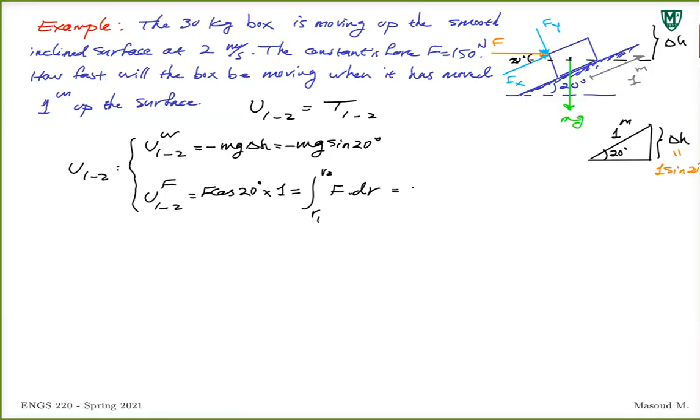F is constant. You can take it out. It's going to be F delta r. Right? Now this is dot product, so this becomes F delta r cosine theta. Right? You'll get the same thing. It's a dot product. So F is whatever it is, delta r is 1, you get F cosine 20 degrees times 1.